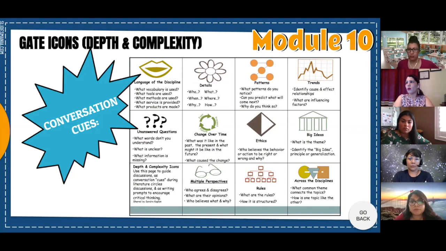Okay, so there are rules and there are steps, right? So you can do it for that, and there's a lot that you can incorporate easily. But I just chose four of the main ones. Just to give you an idea of how you could use the others, I clipped this out here to show some questions that you could ask when utilizing some of these other icons.